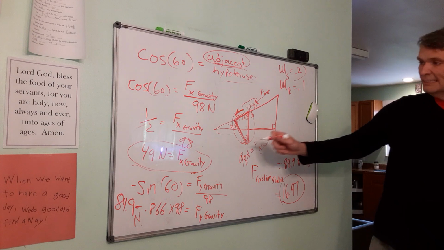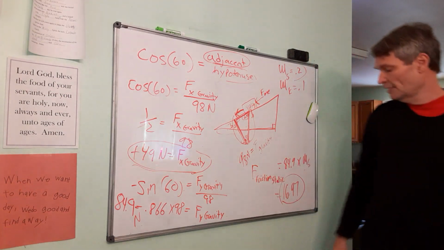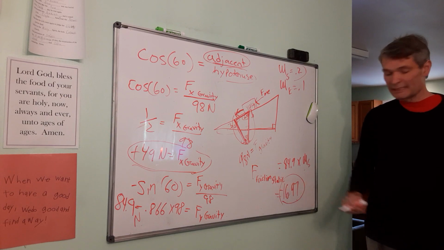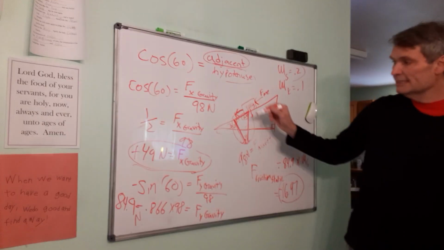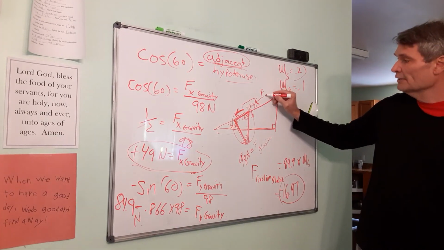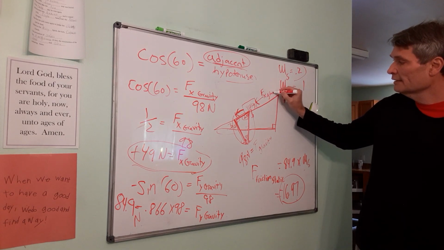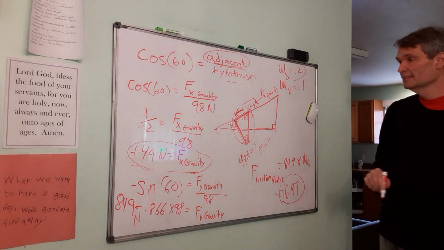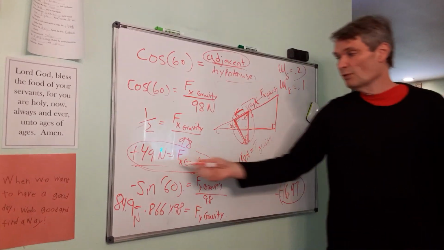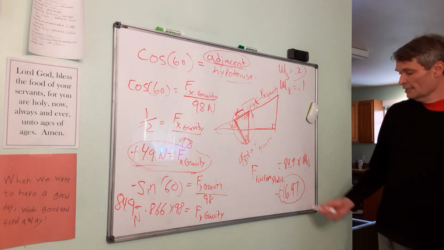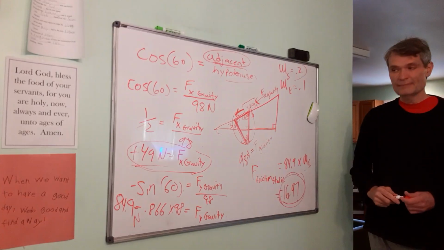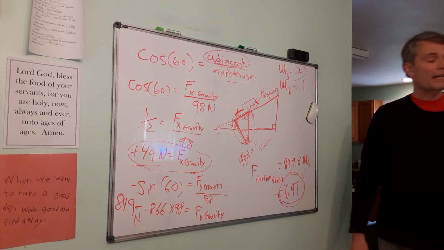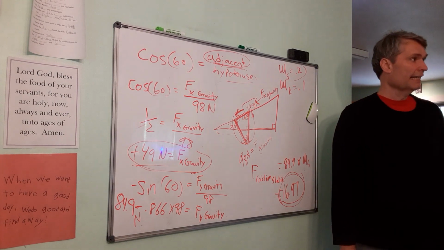If I call that a positive number, what sign should I assign to this? Negative, because it's pushing against. I'll call this the total force. The reason is that I don't have to push. If Fx gravity is 49 newtons, that's enough to overcome the static friction force, and this thing will go down the ramp all by itself.